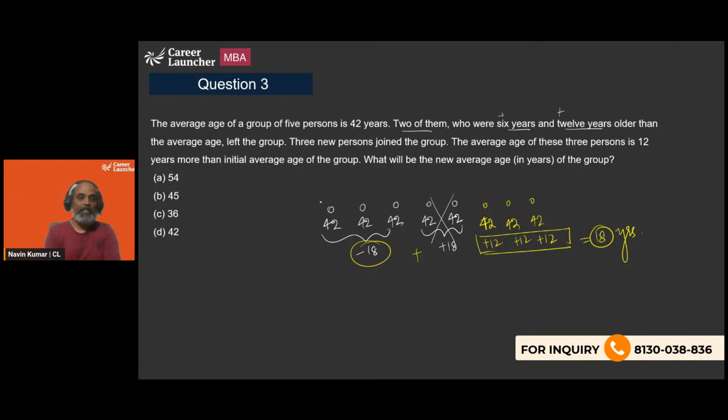These 18 years will be equally divided among all six people. So if 18 years is equally divided among all six people, each one will get an additional 3 years. Since everybody's age looks to be 45, that becomes the new average age of the group. So B option becomes our answer.